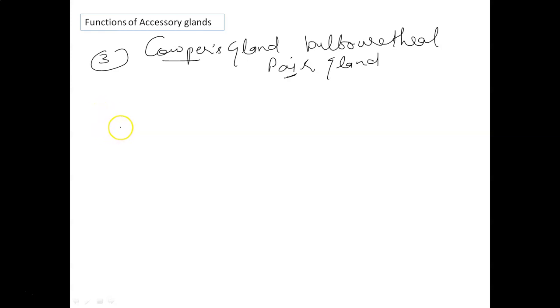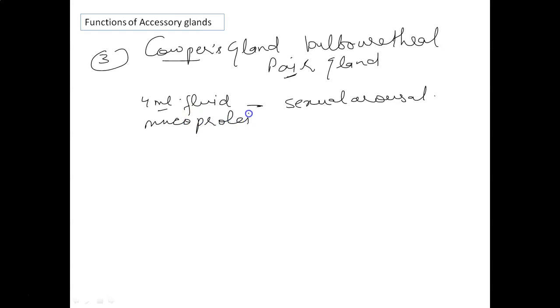Bulbourethral gland or Cowper's gland is secreted just prior to ejaculation. It secretes approximately 4 ml of fluid at the time of sexual arousal, and this is a clear fluid which is rich in mucoproteins.